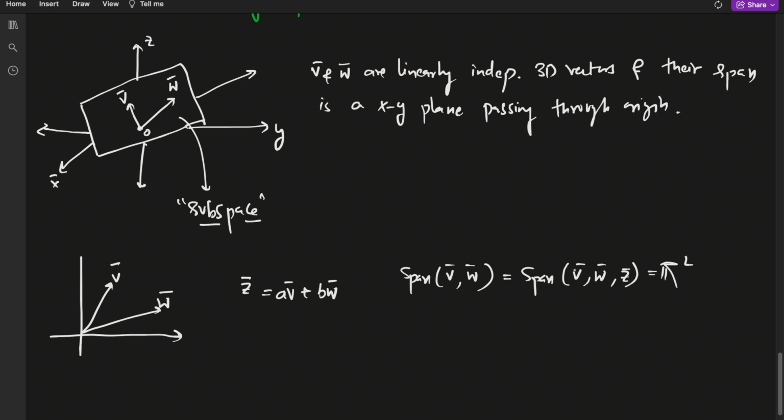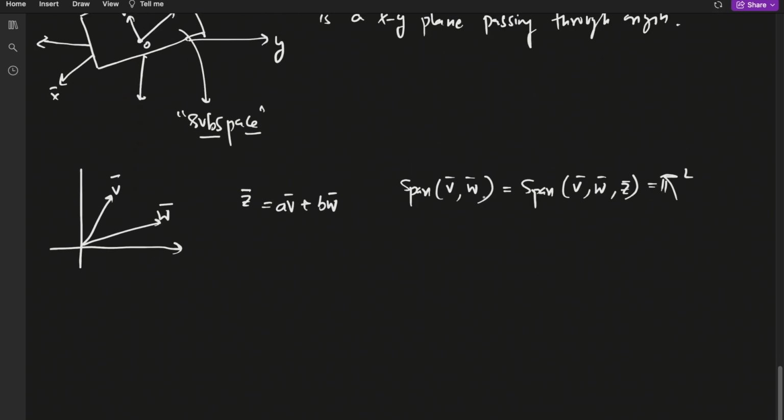And this is an important thing. Why? Because the maximum number of linearly independent vectors we need to cover this entire xy plane is just 2, right? Once you get 2 linearly independent vectors, no matter how many additional vectors you keep on adding, let us suppose after z you add vector y, alpha, beta, and keep on adding, it won't add anything to the span, because all these vectors z, y, alpha, beta, gamma, and so on are nothing but a linear combination of these two vectors v and w, right?